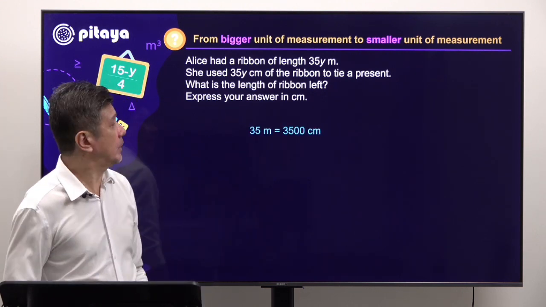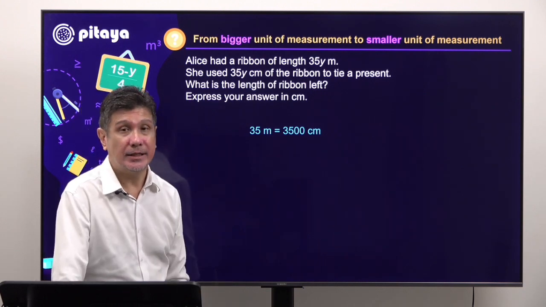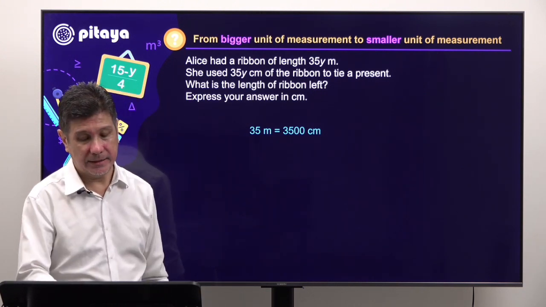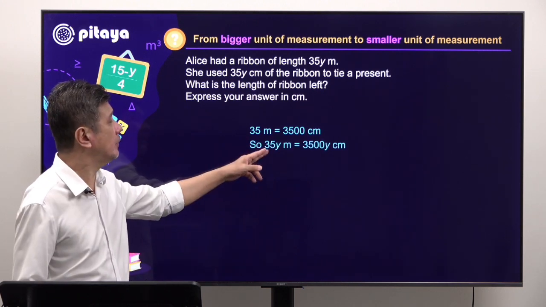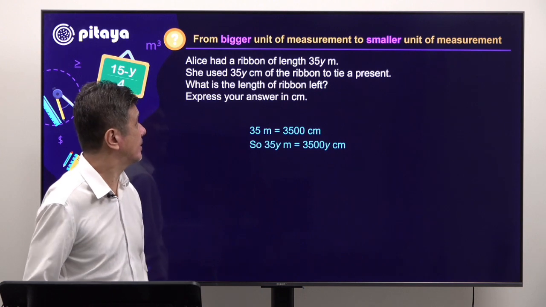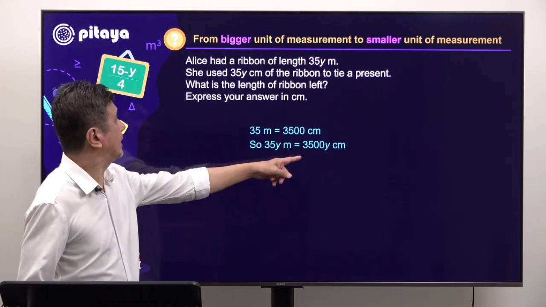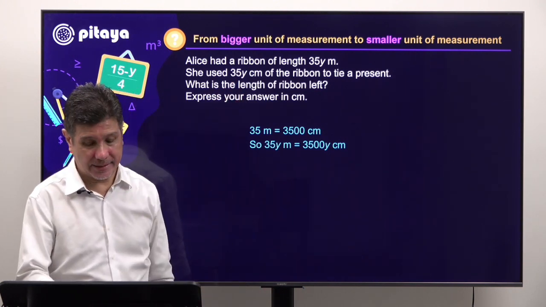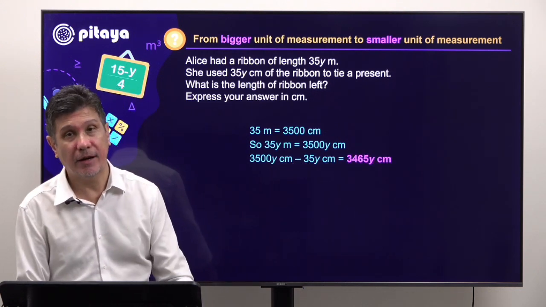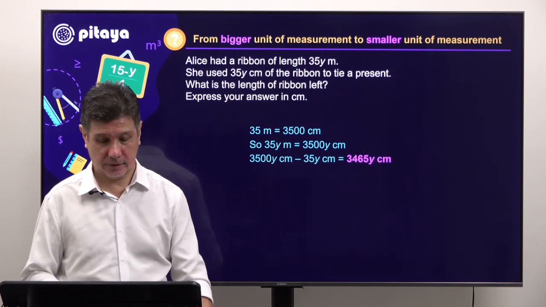So you know that 35 meters is actually 3500 centimeters. So you can put the y back in. 35y meters will be 3500y centimeters. With that, I can now subtract the 35y centimeters. That will get me 3465y centimeters.